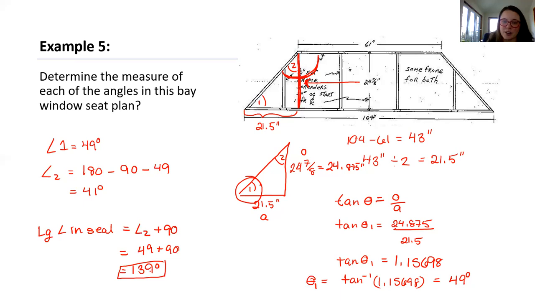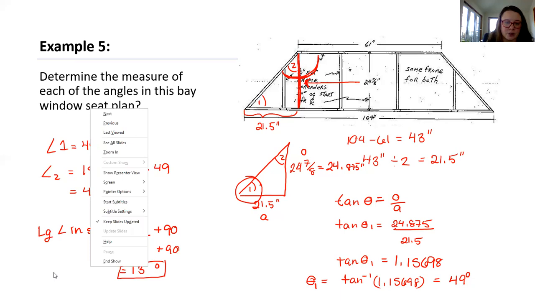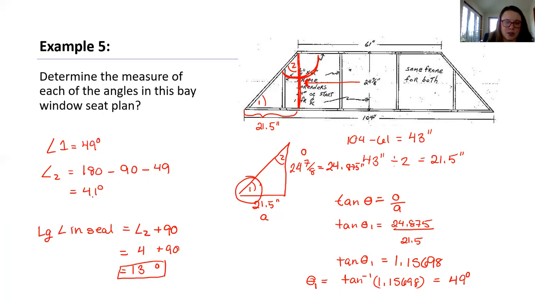Whoops, not 49, 131. Sorry, I copied down the wrong number. It's not 49, we use 41. There we go. I was reading off the side here. So 41 degrees plus 90, the big angle, is going to be 131.